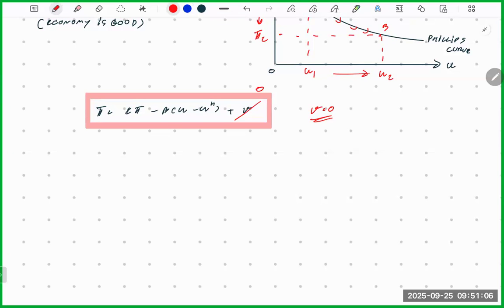Then I can rearrange the equation a little bit, moving expected inflation to the left. I get the bracket of pi minus expected pi. On the right, we have minus beta times (u minus un). Don't forget that we have a minus in front of the bracket of unemployment.